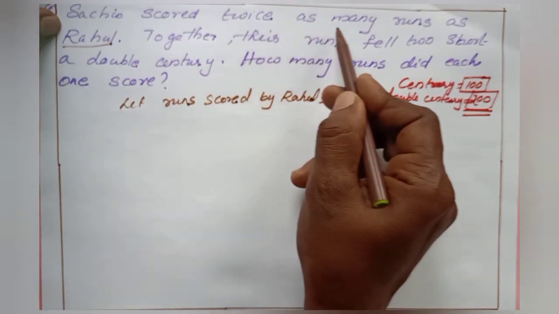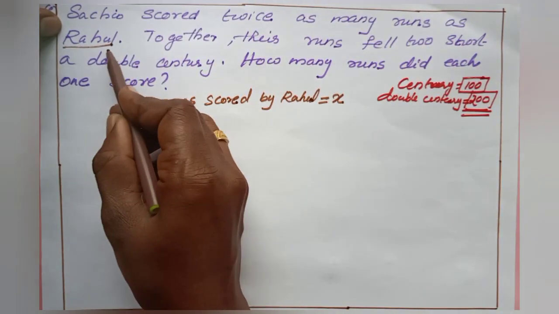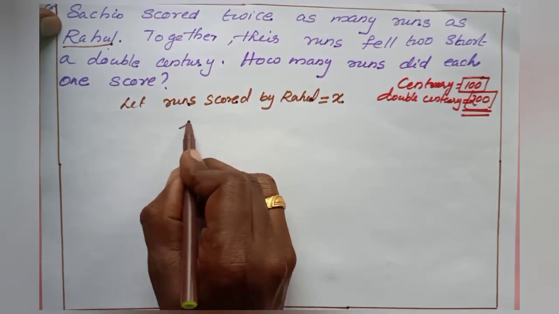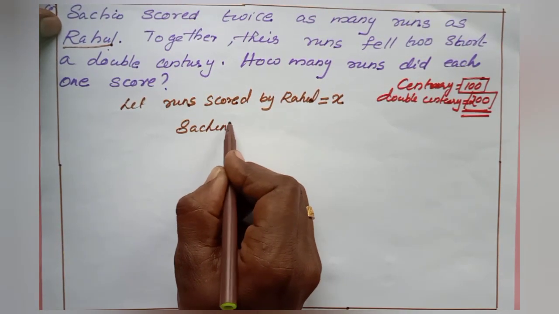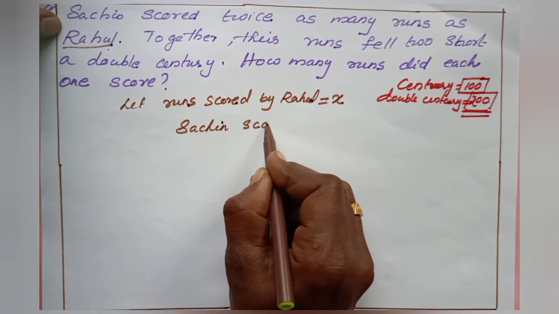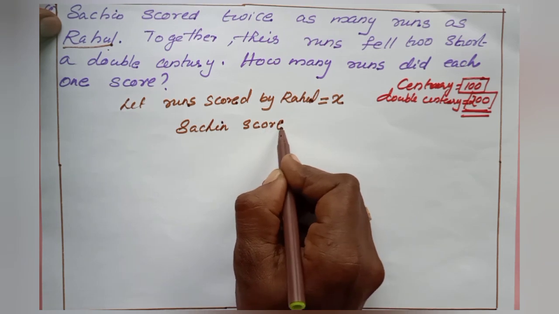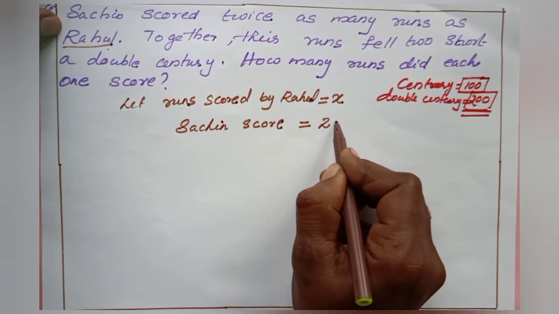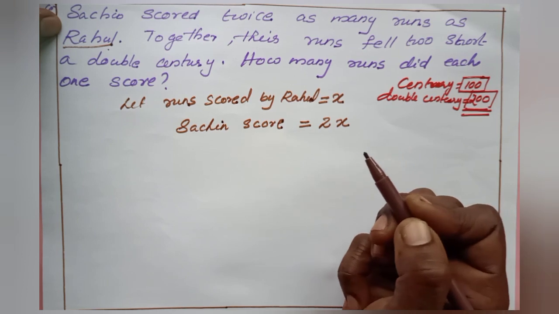Sachin scored twice as many runs as Rahul. So Sachin's score is equal to twice, meaning 2 into x.